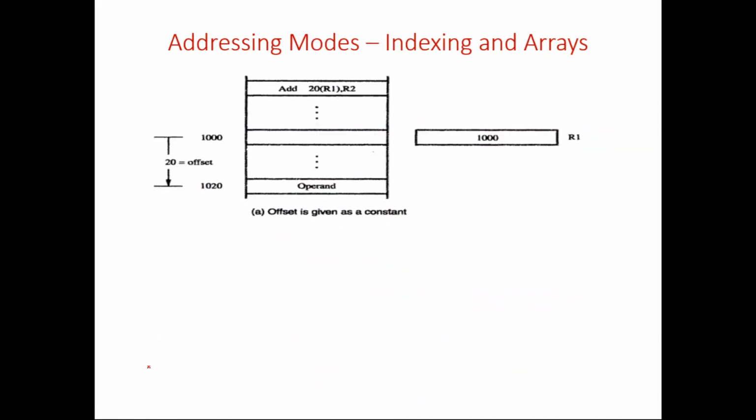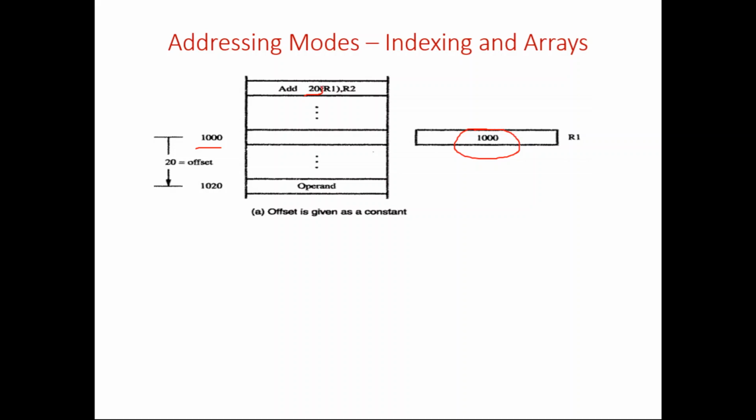Let us discuss this with an example. Here is an example: add 20 of R1 comma R2. So what it does, in this case R1 contains 1000, and 1000 refers to some address.